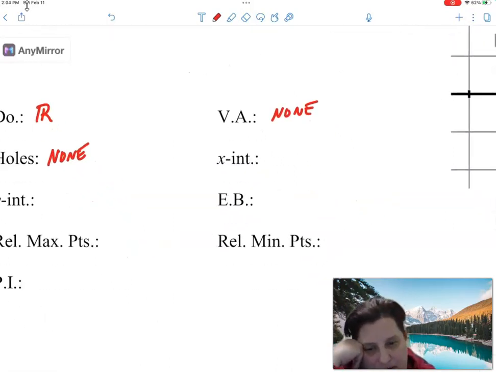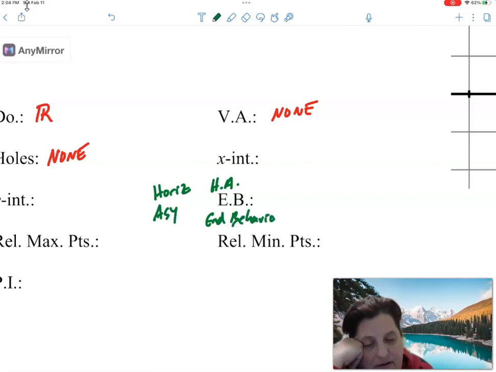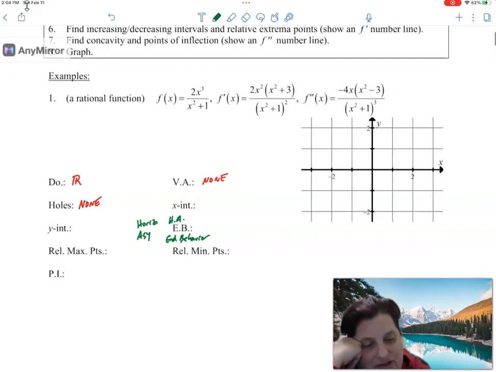One other thing I want to talk about real quick is what we called before horizontal asymptotes. In here, this is talking about end behavior, basically what's happening at the edges of the graph. Is it going up? Is it going to 0? What's it doing, okay?